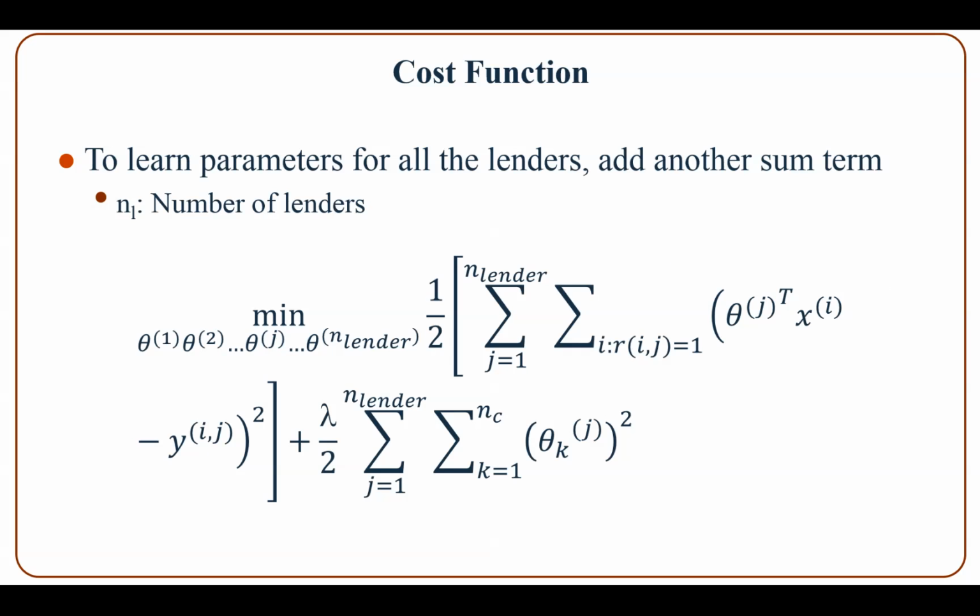To learn the parameters for all the lenders, then we need to add another sum term. And this is a sum for all the lenders. And n lender is the number of lenders. And here we minimize, we find thetas for all the lenders.